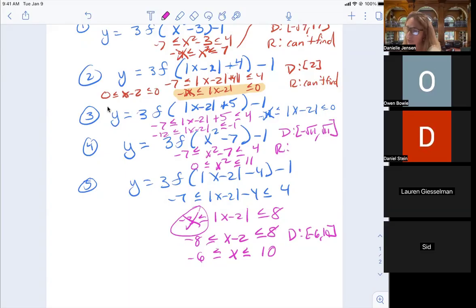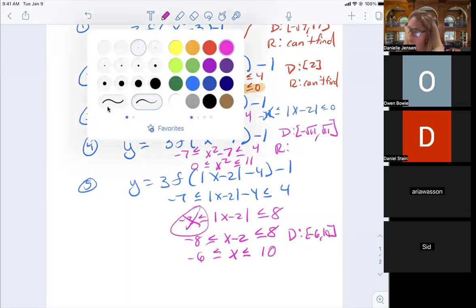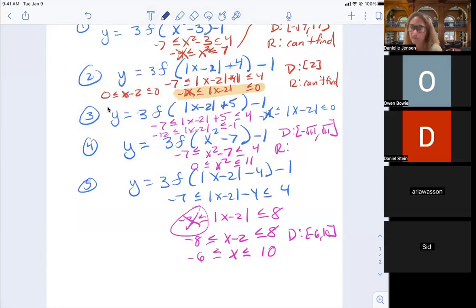And then, so now what will I do for the range? Wait, sorry, really quick, will you explain why you're not losing anything in your graph? Yes, because, so notice, can x squared be 0 all the way through 11? Yes. So there's nothing.